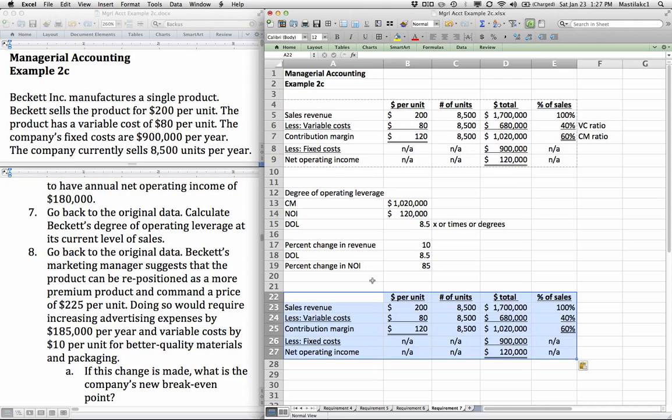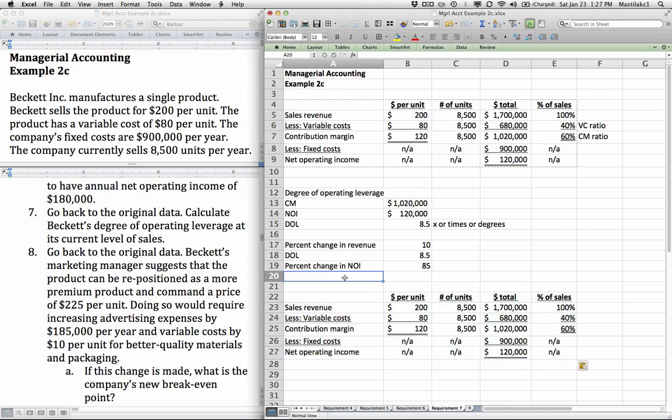So let's see what happens. A 10% change in revenue, which would be a 10% increase in the number of units sold. We're going to take our 8,500 units times 1.1, and we get 9,350. 10% of 8,500 would be 850.